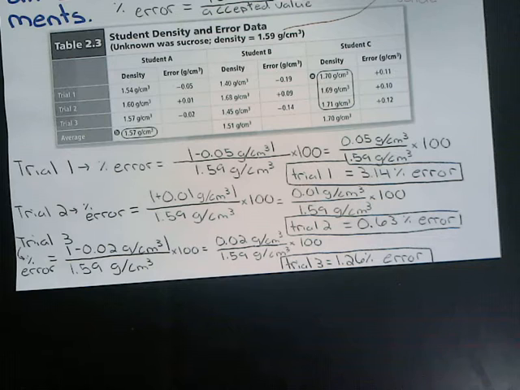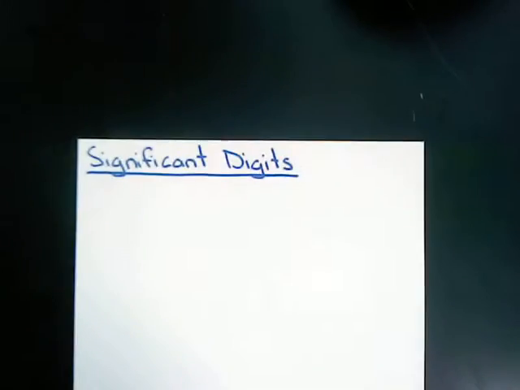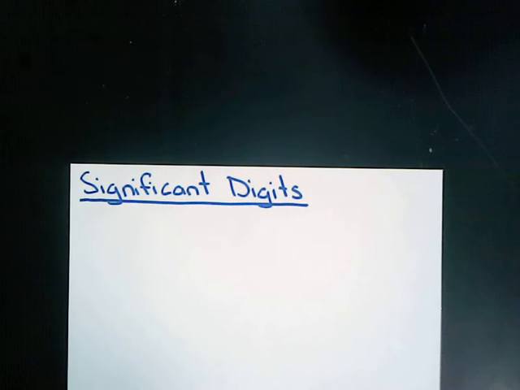Okay, so now we can move into a little bit different topic, but it relates back to what we started this section on, and that was our precision. Our precision can directly tie to this idea of significant digits or significant figures.